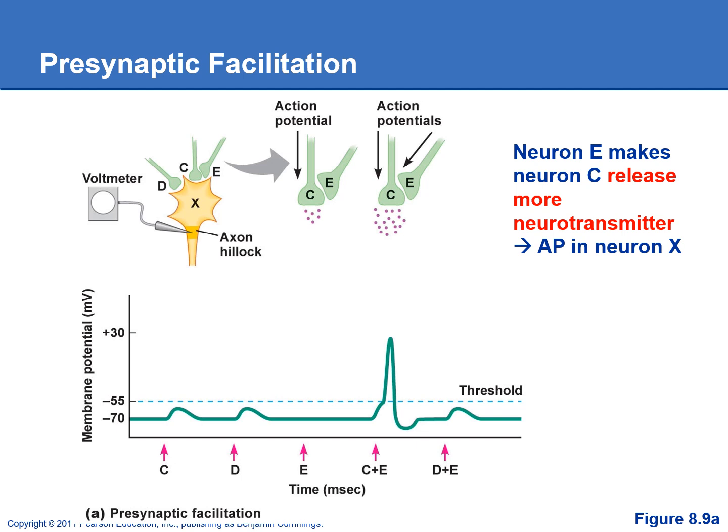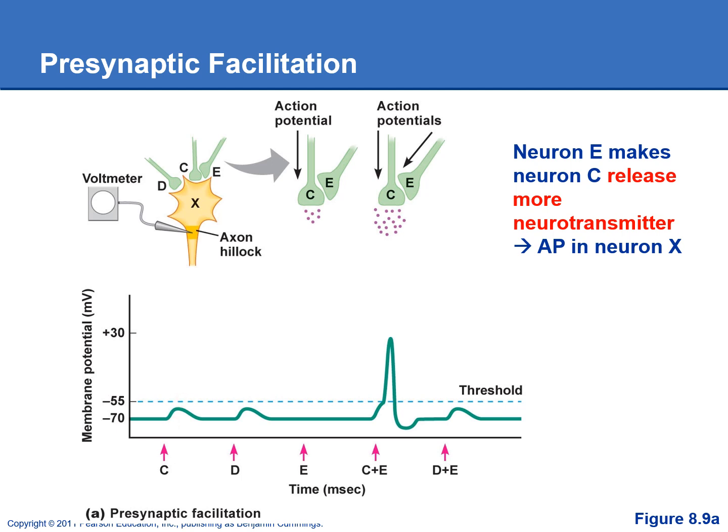If we have presynaptic neuron C just firing and releasing neurotransmitter by itself, here's how much neurotransmitter it releases. And maybe it binds to some ligand-gated ion channels that are specific for sodium, let some sodium into the postsynaptic neuron X here. And we create this EPSP, but it's not big enough to reach threshold. We don't get an action potential produced.